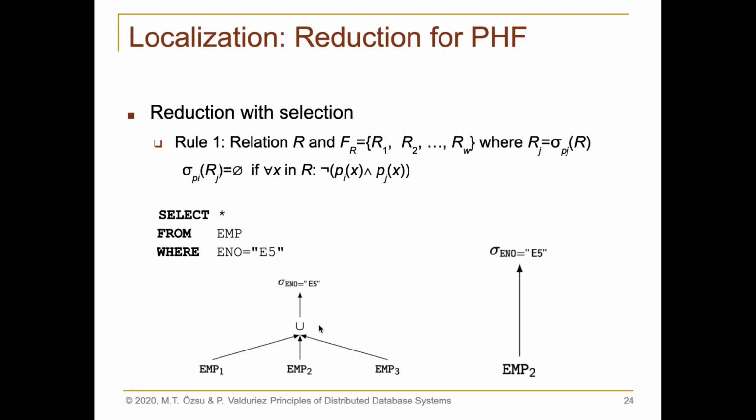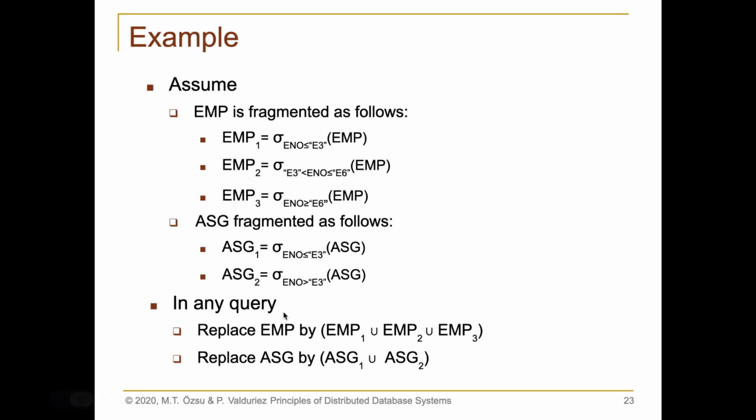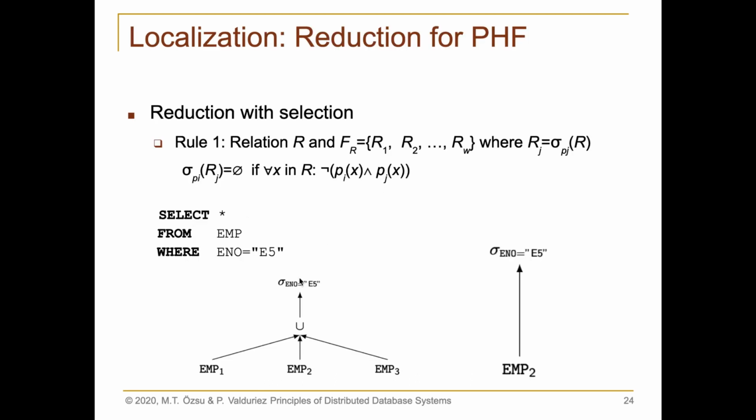But when you come to employee 2, if we go back to employee 2 declaration, employee 2 is constructed from primary horizontal fragment that takes a condition employee 3 less than employee number less than or equal to E6. So according to our current selection operation, employee number is equal to E5.